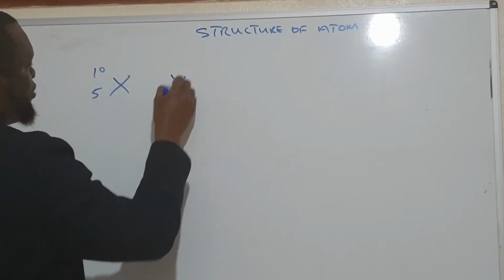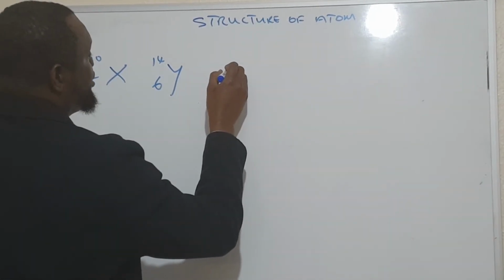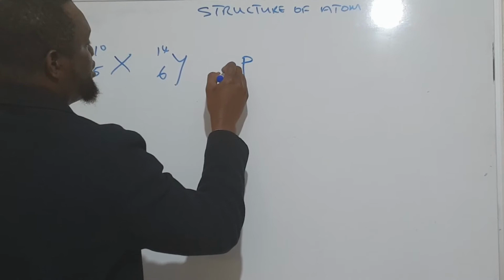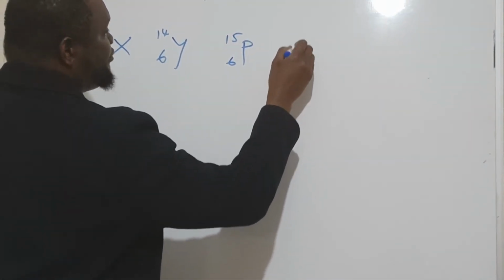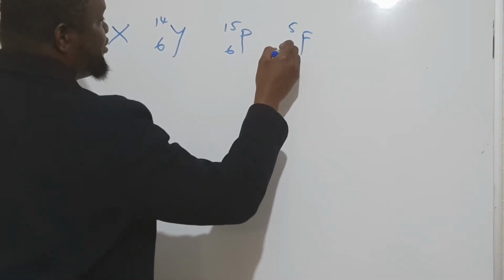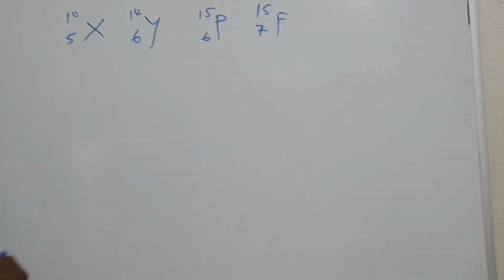Y 6, 14. P 6, 15. F 5, 15, 7. Which of them are isotopes?